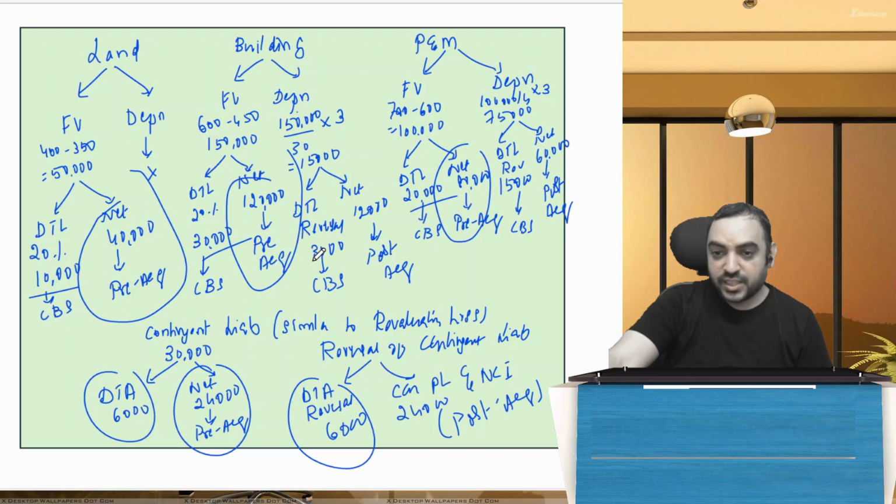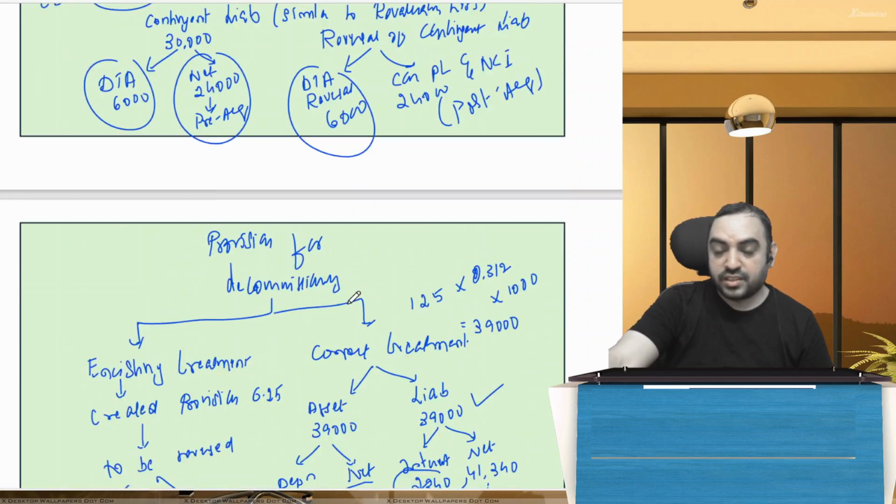You get 3,000 reversal here and here you get reversal of 15,000.